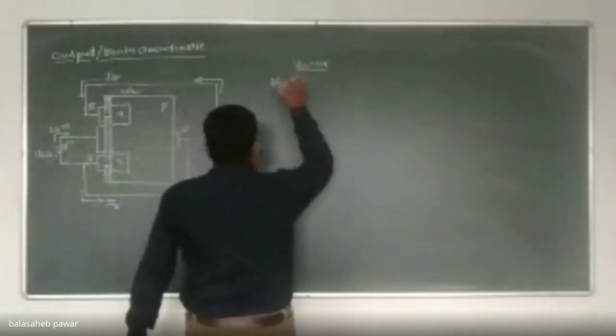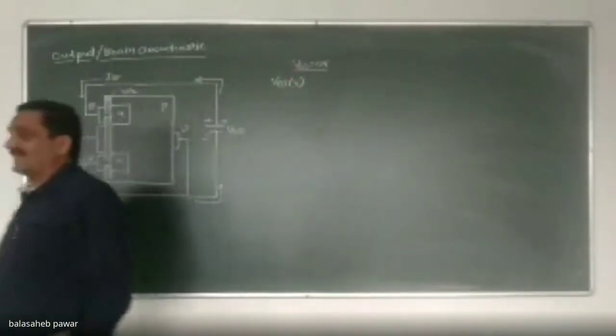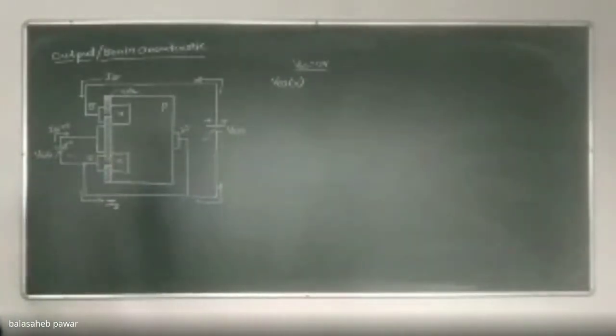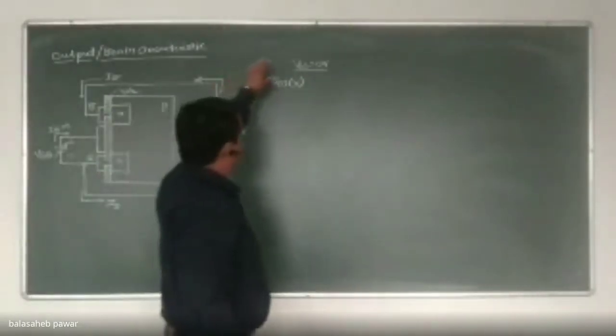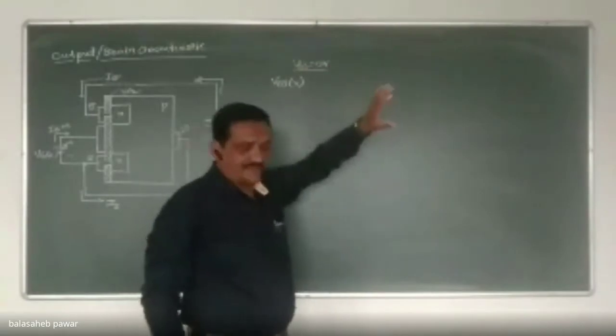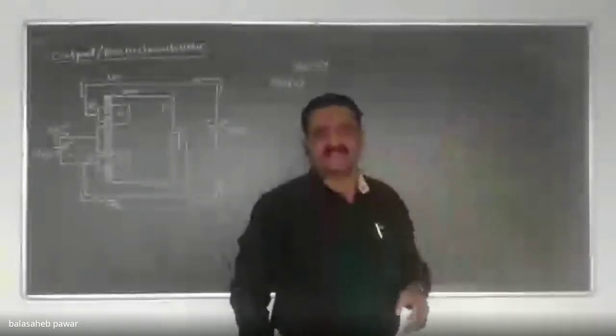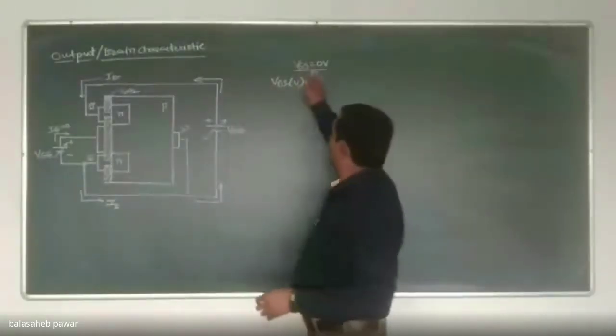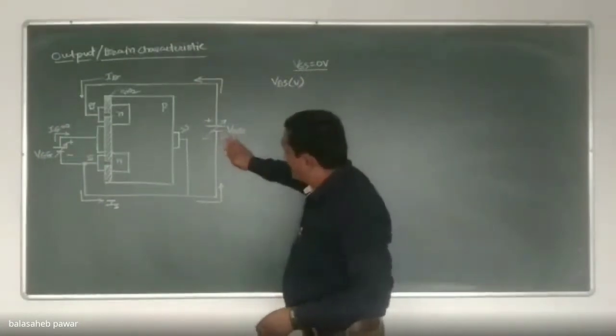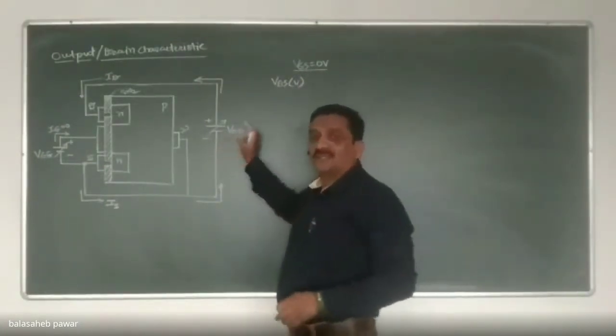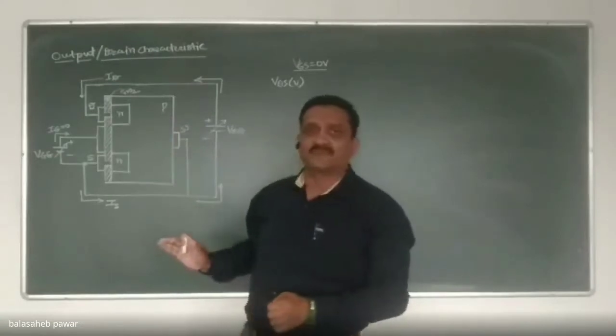Don't worry. Right. Okay, so see, we'll keep the input constant. That input, in this case, is VGS. So I will keep VGS constant at 0 volt, for example. And by varying the output voltage, what is the output voltage? That is the voltage applied to the drain with respect to source.